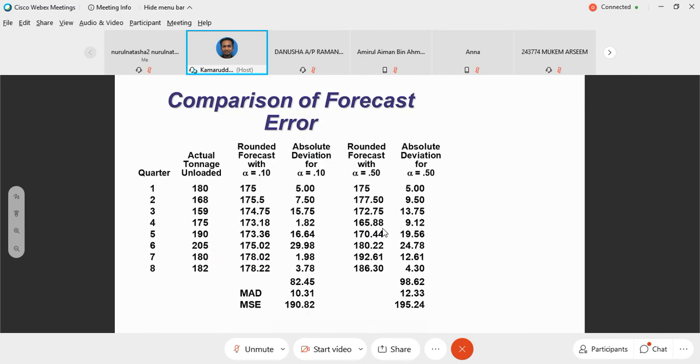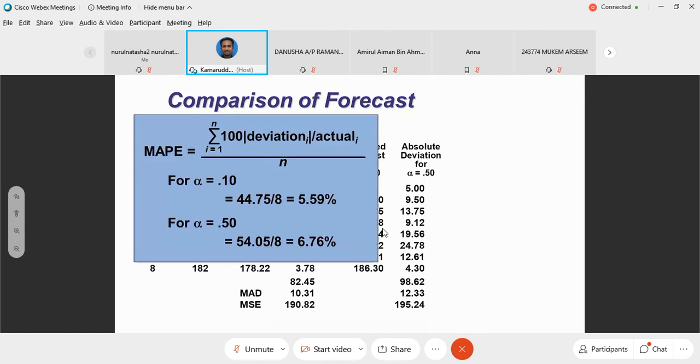So the next technique in measuring the error in the forecast is mean absolute percentage error. We use this data of deviation, but as a percentage of the actual.